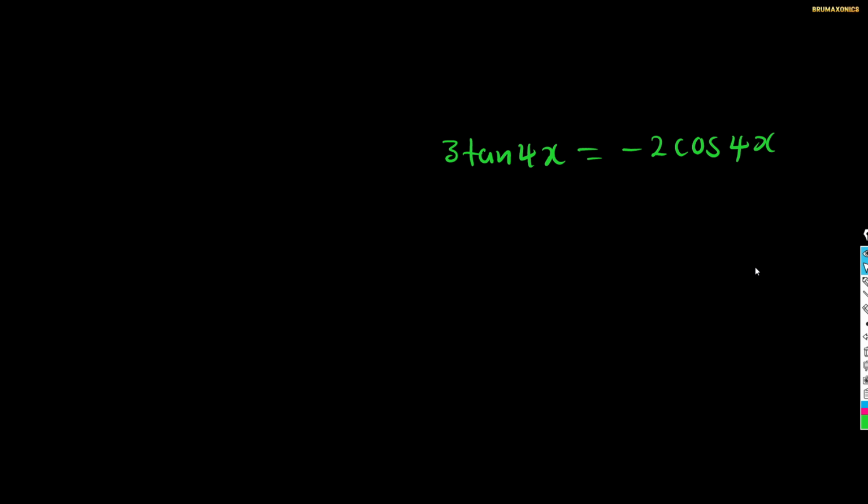So what I'm gonna do is that I'm going to start by taking this guy to the other side, because now we are solving this as if we are solving for x, right? So 3 the tan of 4x, the plus of 2 cos 4x will be our maybe first point, right? Which is equals to, what can we change here?